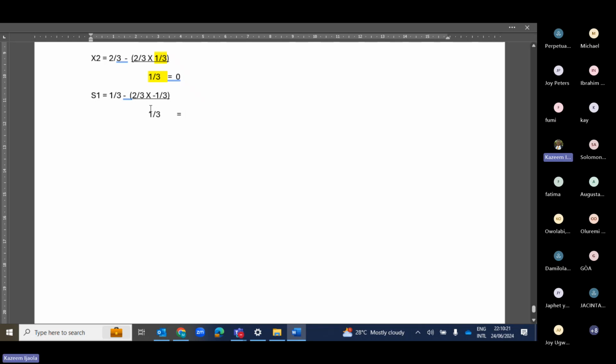I think this one will cancel this one. It will now be minus 1. Minus 1 times this one will be minus 2 over 3. So it will be 1 over 3 plus 2 over 3. That should be 3 over 3. That's 1. 3 divided by 3 is 1. Yeah. That's 1. Thank you.